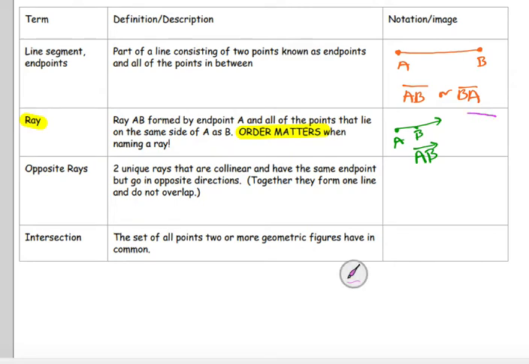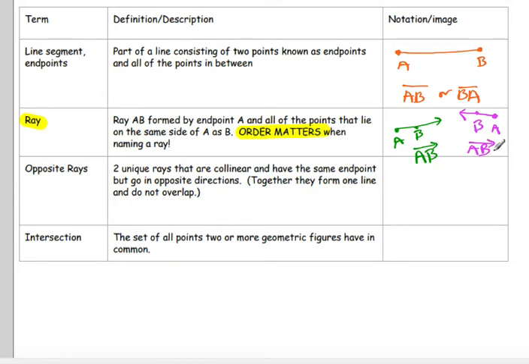Even if this particular ray was going to the left, it would still have A here, where it's no arrow, and B would be in the direction that you're wanting it to go. You would still name it AB, and you would still put the arrow going to the right above it. So this name tells you it begins at A and goes towards B and keeps going.